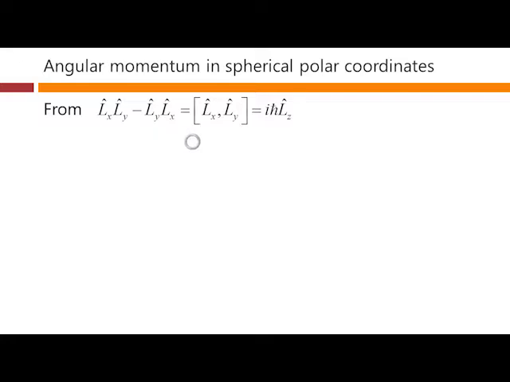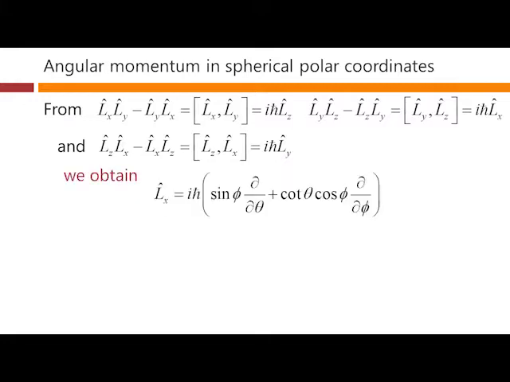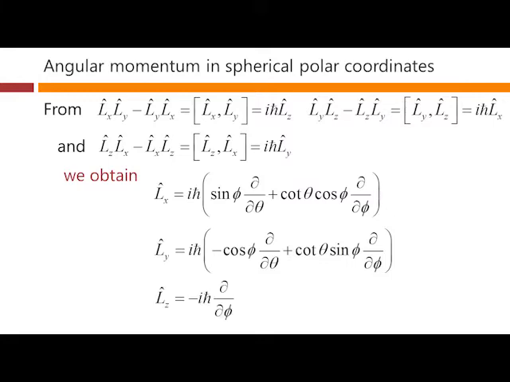From our commutator relations, we obtain that Lx is i h bar times this relatively complicated looking expression, and Ly is i h bar times this relatively complicated looking expression, but Lz, fortunately, is rather simple.